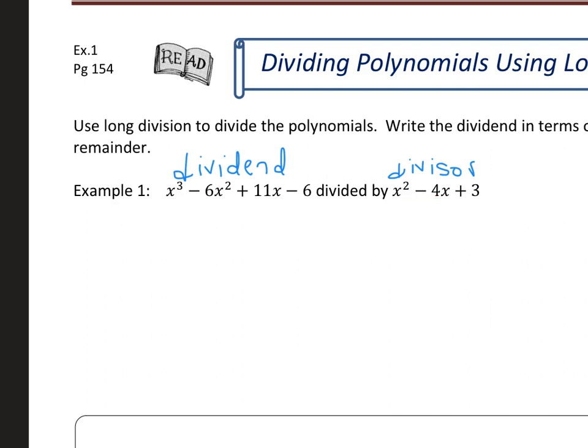Likewise with the divisor. We don't have that in this case, so I'm just going to go ahead and set this up as I would normally do in a numerical example. I'm going to put my dividend underneath the long division symbol, and I'm going to put my divisor outside here.